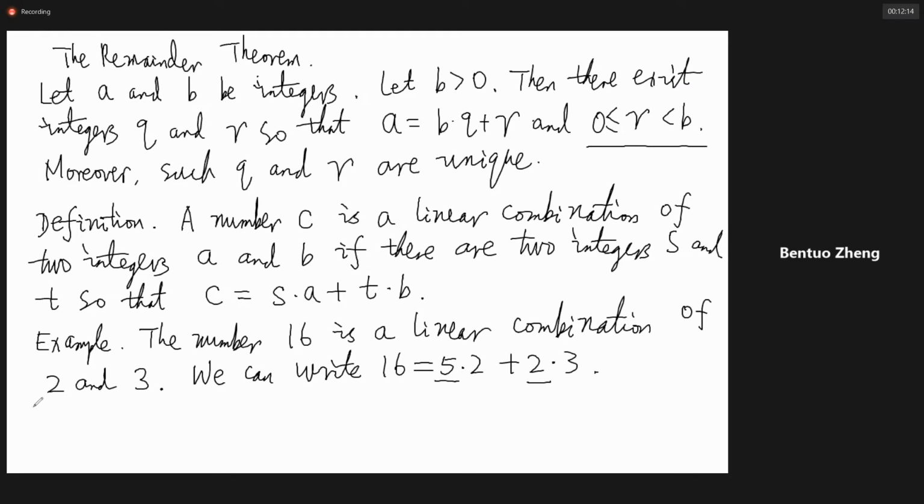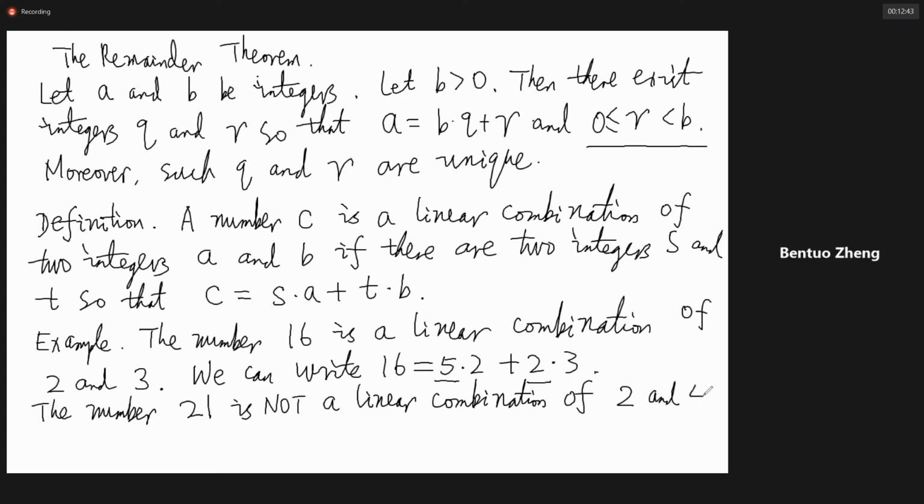And on the other hand, the number 21 is not a linear combination of 2 and 4. So can anyone tell me why 21 is not a linear combination of 2 and 4?